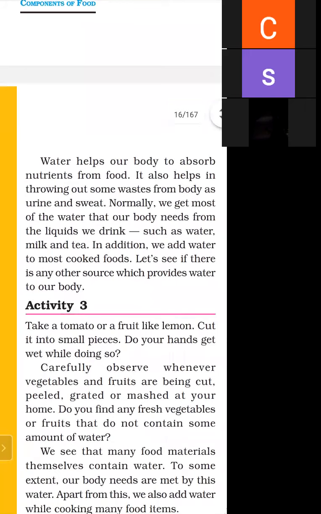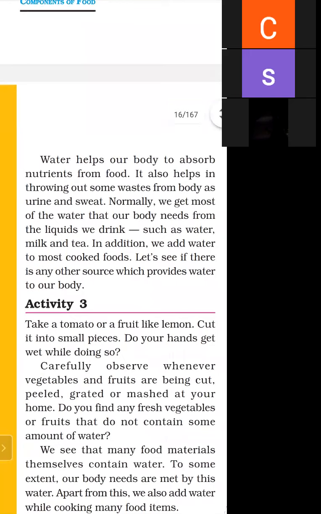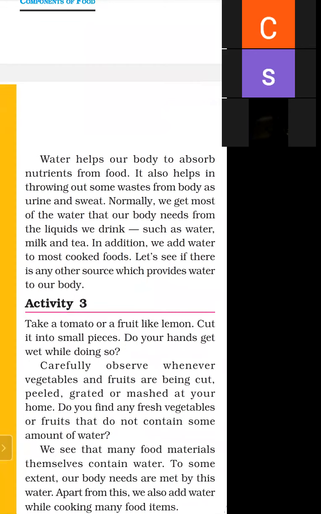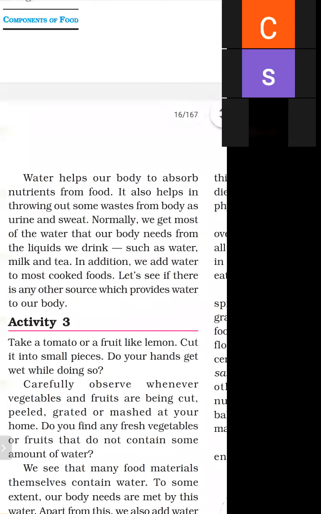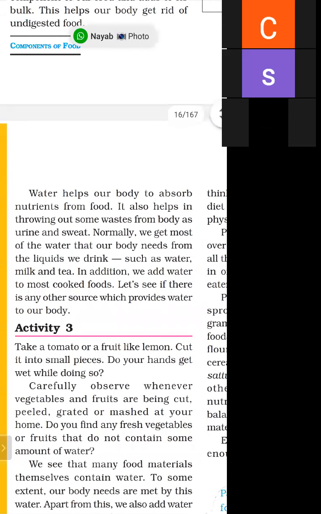Let us see if there is any source which provides water to our body. How can we obtain water for the body? We can drink water, milk, tea, and lemon juice. We can eat cooked food. In cooked food there is also water, for example in dal.